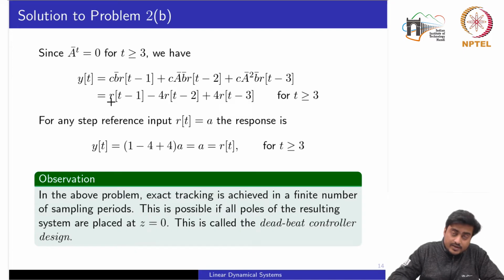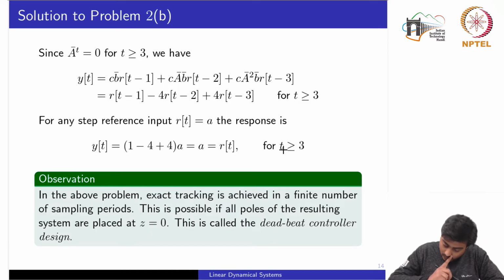Now we know that this reference signal is a step input of magnitude A, so I can replace all these reference signals, which are shifted versions, because they would remain the same, being a step input. So we have replaced by 1 minus 4 plus 4 times A. Finally, we will get this A, which is nothing but equal to R of t for all t greater than or equal to 3.